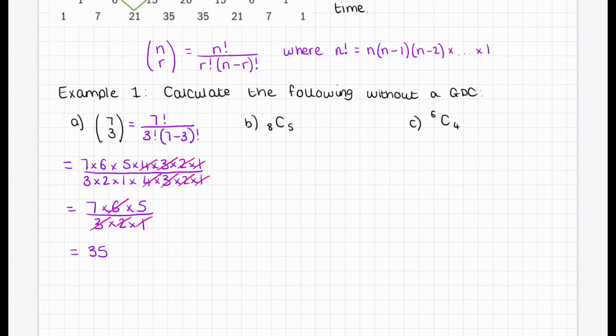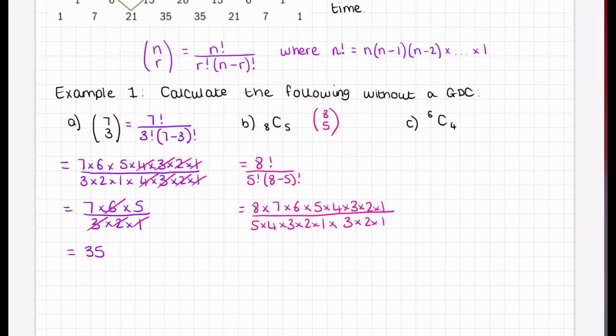B, we've got 8C5 just in a different notation. So it means our n is 8 and our r is 5. And we can do the same thing. So it would be 8 factorial on top over r factorial, which will be 5, multiplied by 8 minus 5 factorial. And then we can go from here.